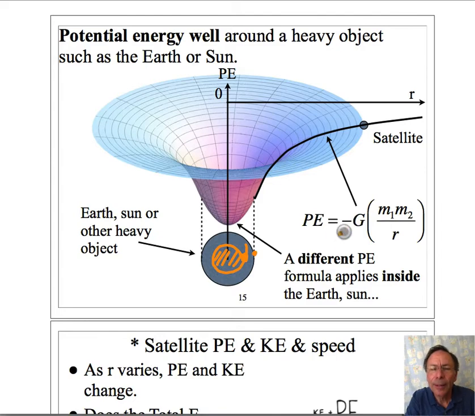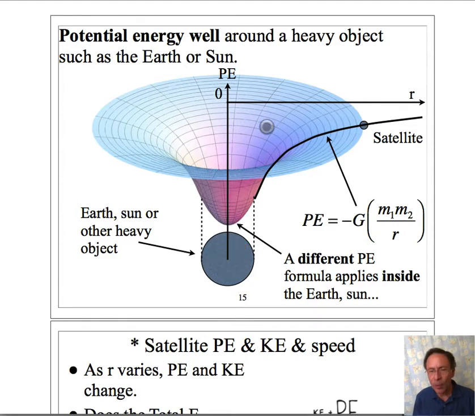Now, maybe I should talk about this negative sign. Astronomers, physicists, and so on want to keep the math simple. And it turns out that if you want the potential energy to be positive, it's a mess.